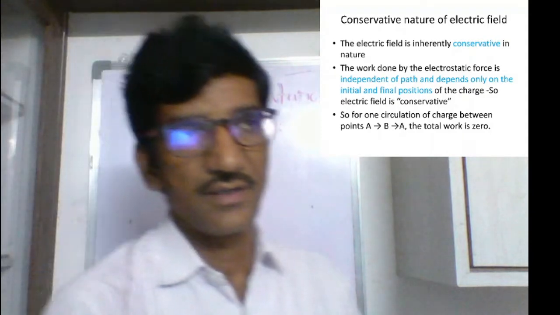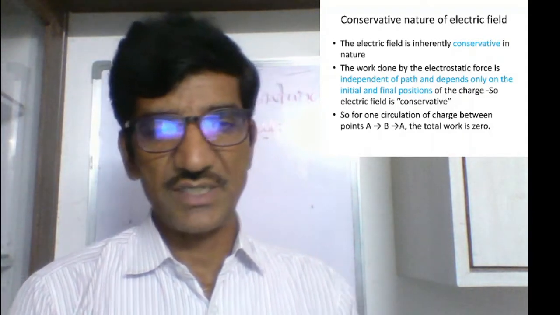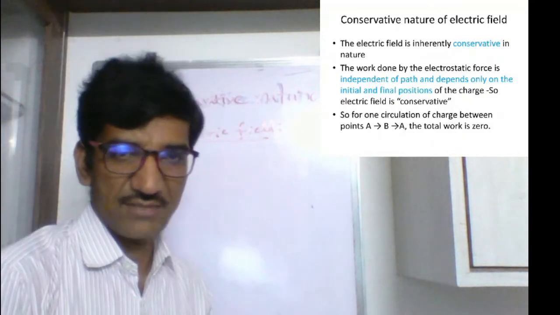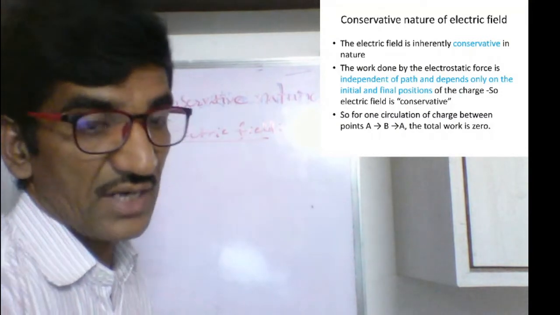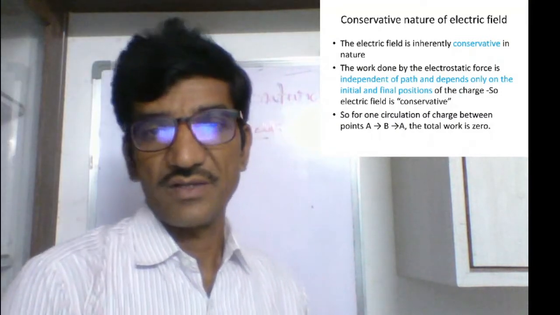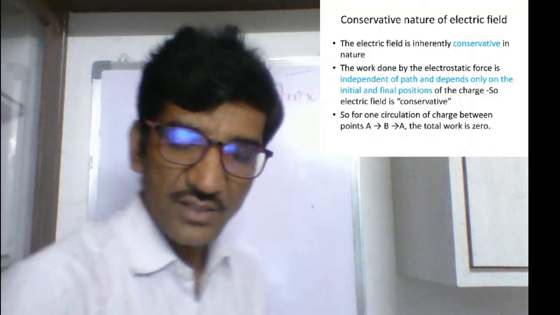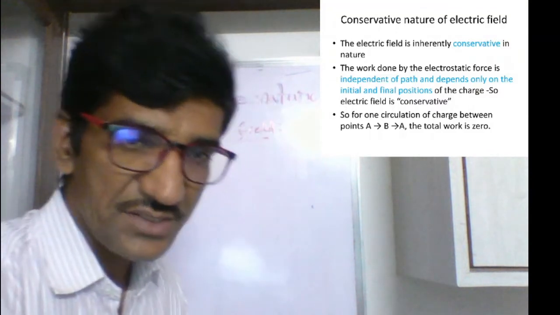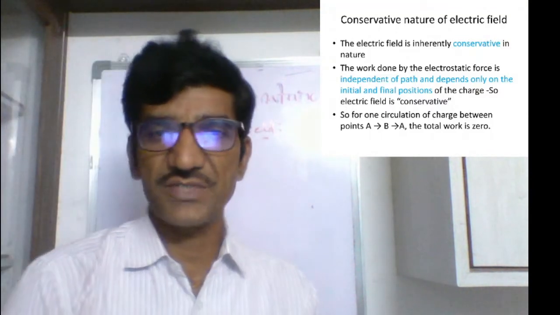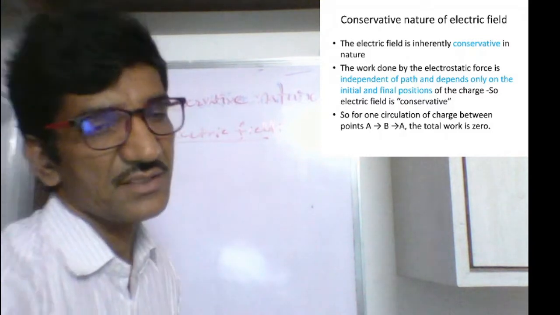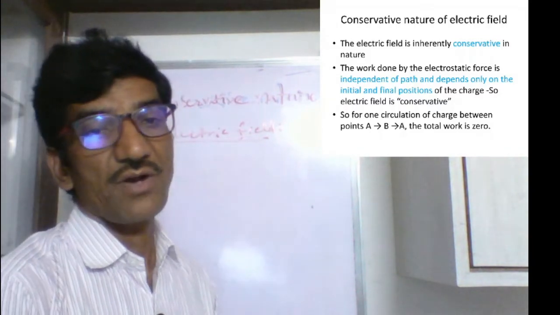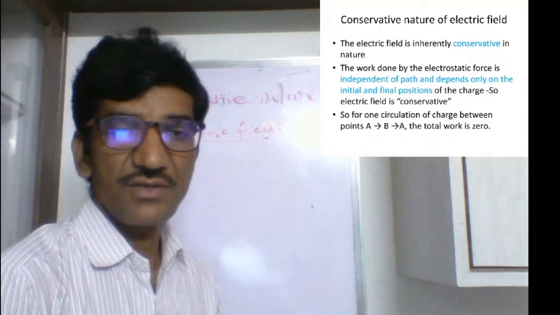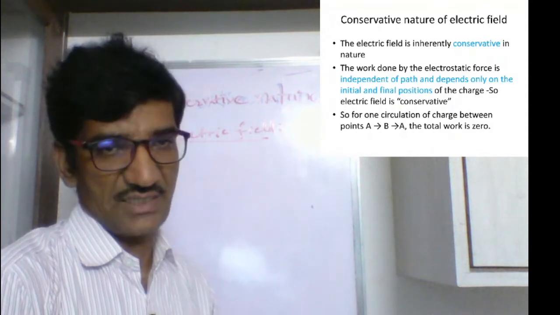Magnitude is there, and in addition to that, direction is also there. If the magnitude and direction are both the same everywhere, then that electric field is a uniform electric field.